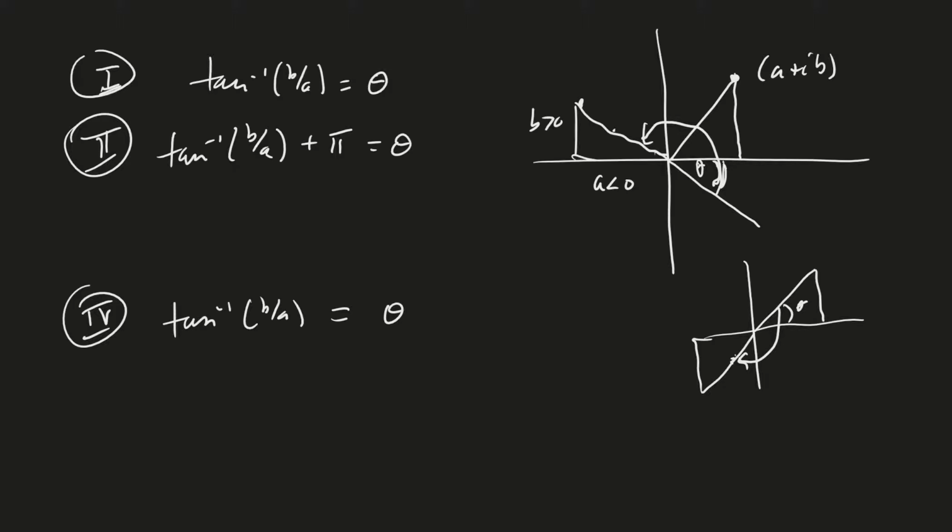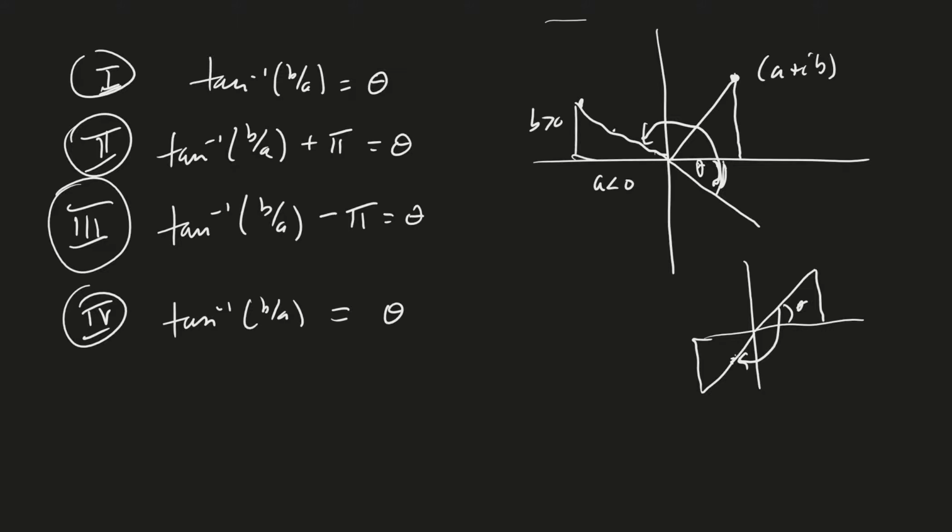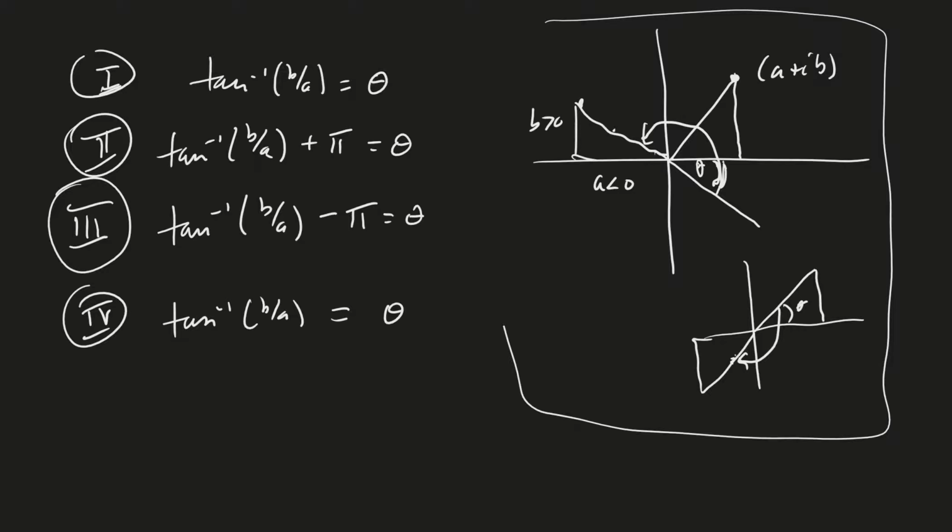So in quadrant 3 you take your inverse tangent and subtract pi. These give you values between minus pi and pi. The upshot is not to memorize these 4 things, but whenever you're looking for the argument of your complex number, plot it first and see where you are.